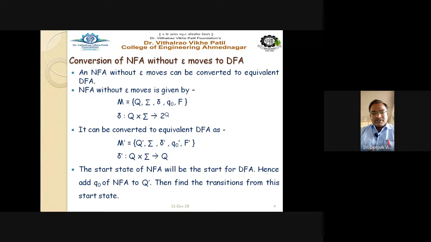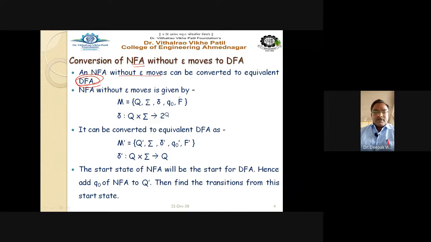Means in the previous case, in the question we have NFA, in the answer also we are getting the NFA, but here in the question we have NFA without epsilon moves, and this NFA must be converted into DFA, that is nothing but deterministic finite automata.